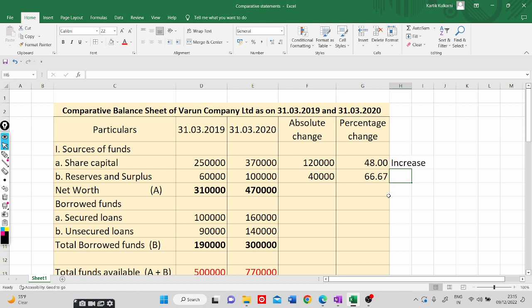Similarly, we can also calculate for secured loan also. We can see that it has been changed from 1 lakh to 1,60,000.